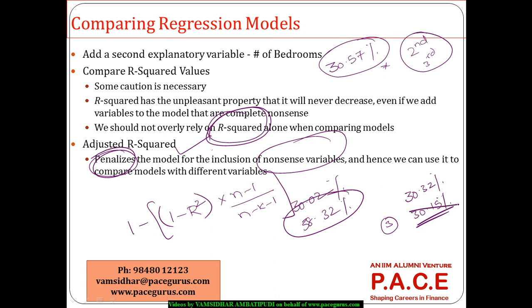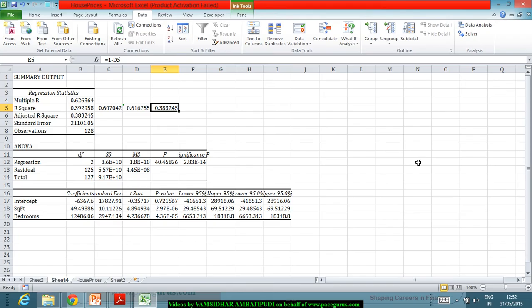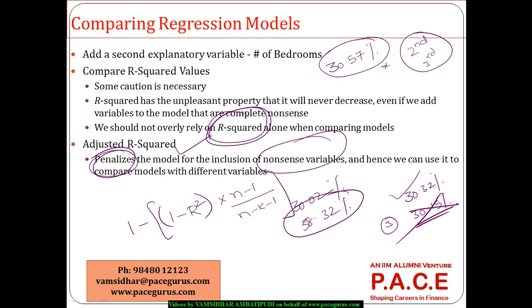It means I should not include that variable as part of my model, and the other should be my better model. So the comparison between models can happen quite comfortably when I rely on adjusted R squared rather than R squared solely.